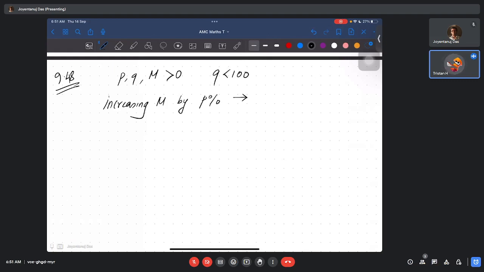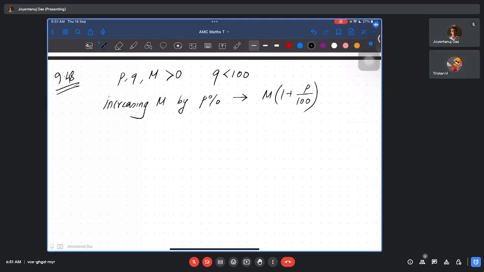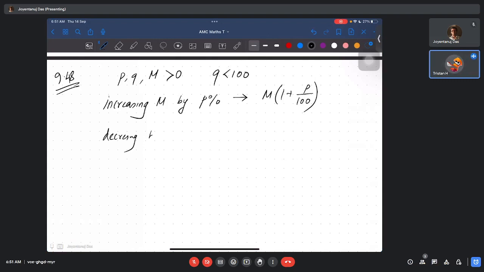I got C. Okay, tell me. So if you increase M by P%, what is the result? It would be M times 1 plus P over 100. Right. So this is the increase. Now you are decreasing the result by Q%, so multiplying that by 1 minus Q over 100.